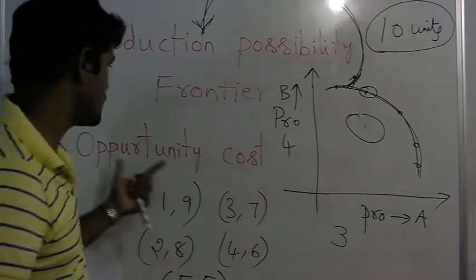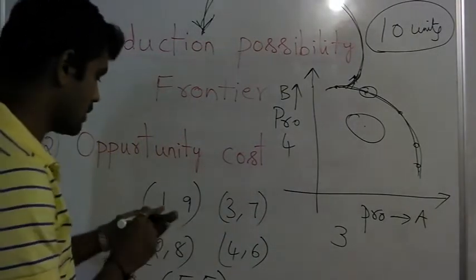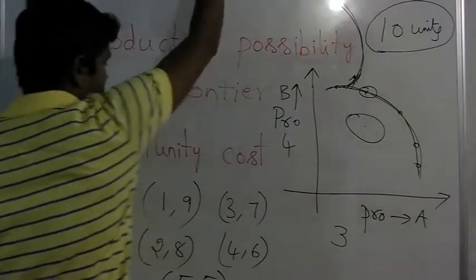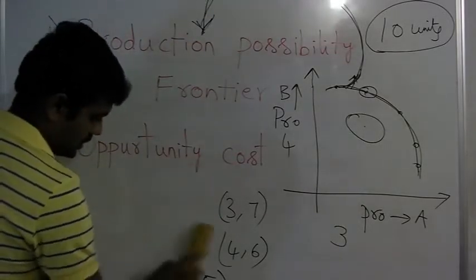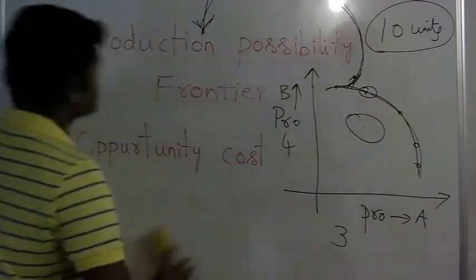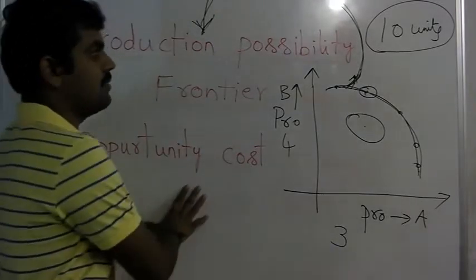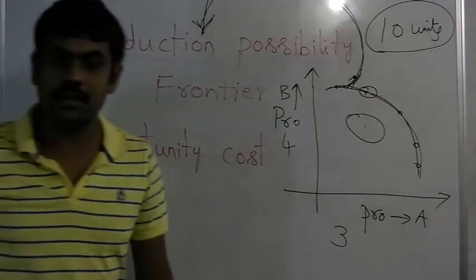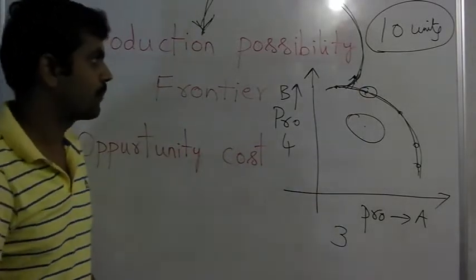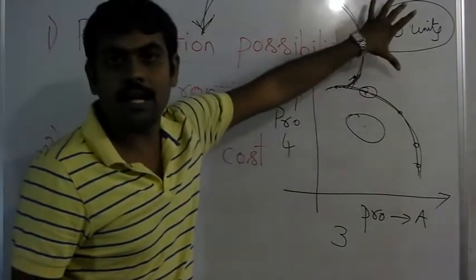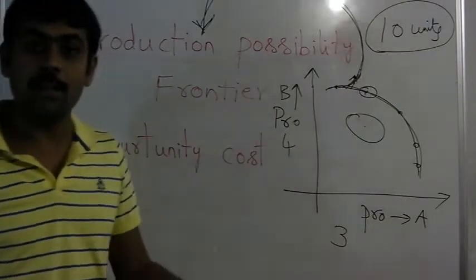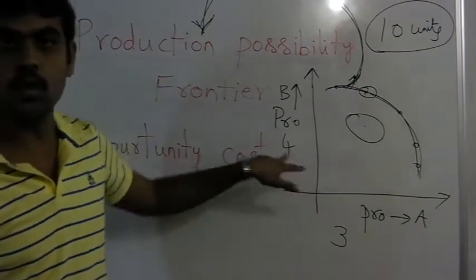Now let us go to opportunity cost. So what is this opportunity cost? This is also an explanation related with the allocated resources only. That is nothing but we use these allocated resources depending upon the necessity of the 2 goods to be produced.